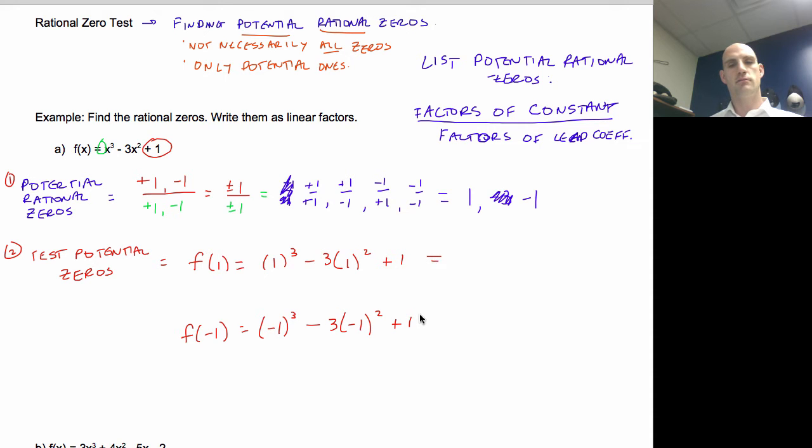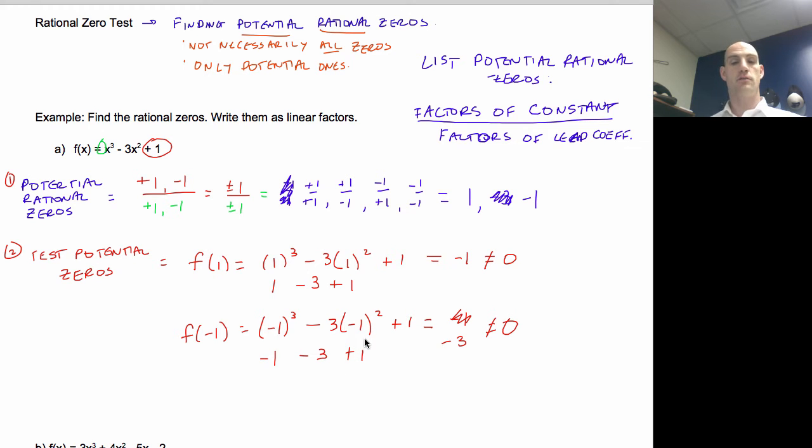Well, when I evaluate these, I've got 1 minus 3 plus 1. So that would be minus 1, so it's not equal to 0. So that's not a 0. And when I evaluate this one, I've got negative 1 minus 3 plus 1. This is also not equal to 0.